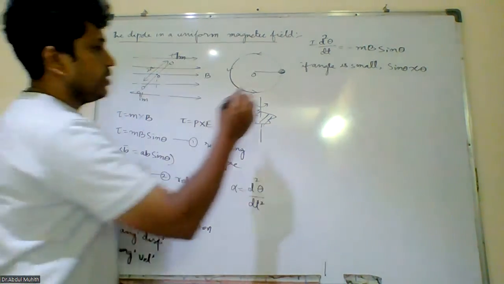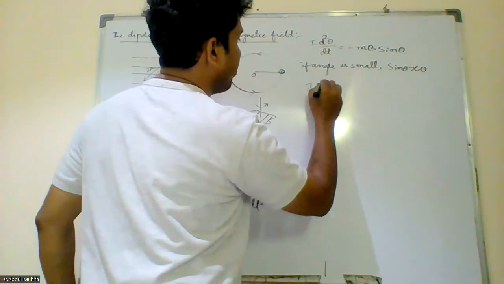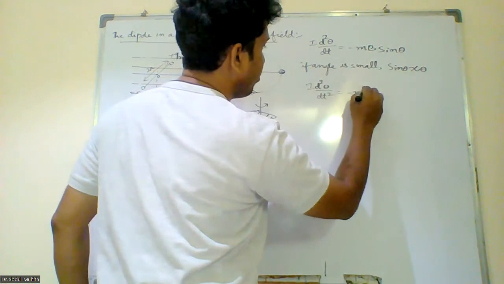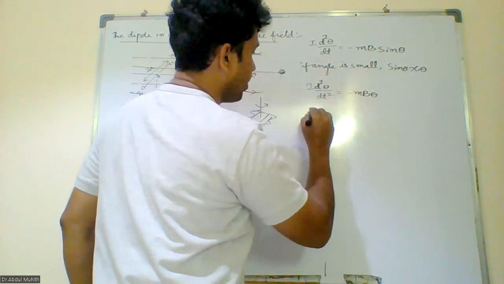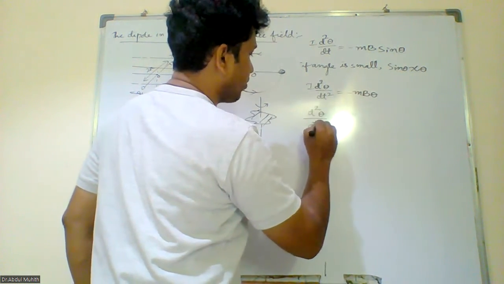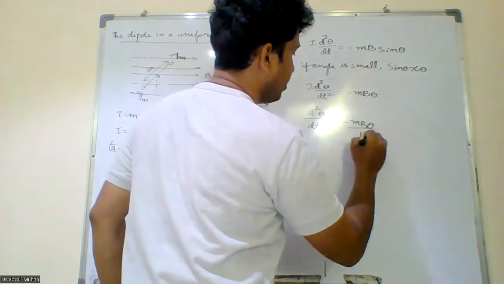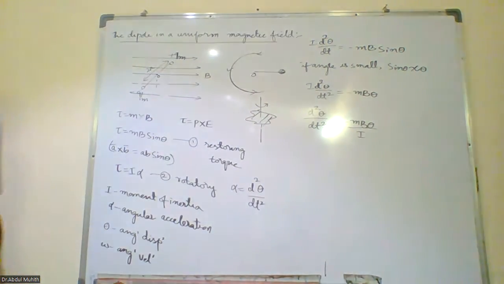So now I am writing here, I into d square theta by dt square is equal to what? Minus md into theta. Is that clear? Now cross multiply this. D square theta by dt square is equal to minus mb theta by I. Is that clear? Minus mb theta by I is the formula.